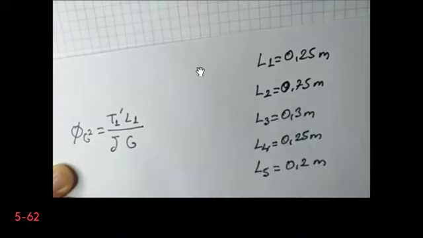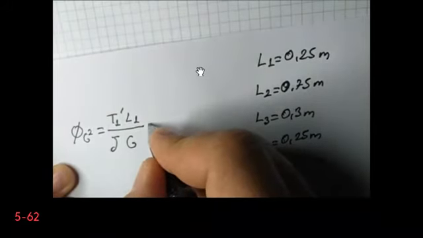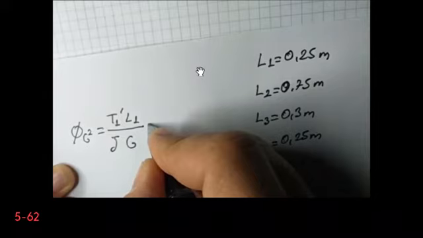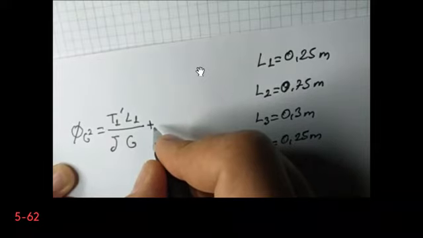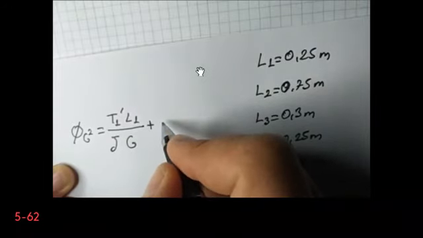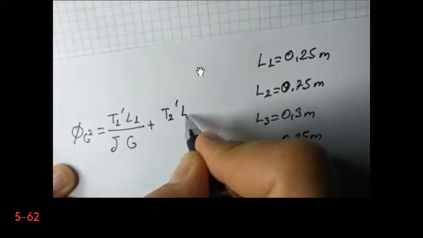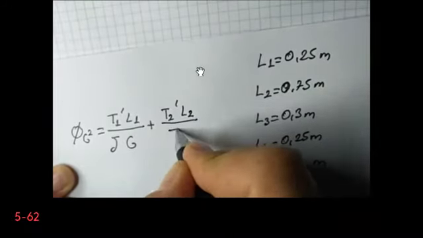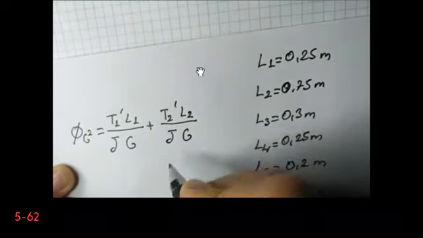This is the first relative twist of the location where the torque is applied, then plus T2 prime L2 divided by J rotational moment of inertia multiplied by the shear modulus.